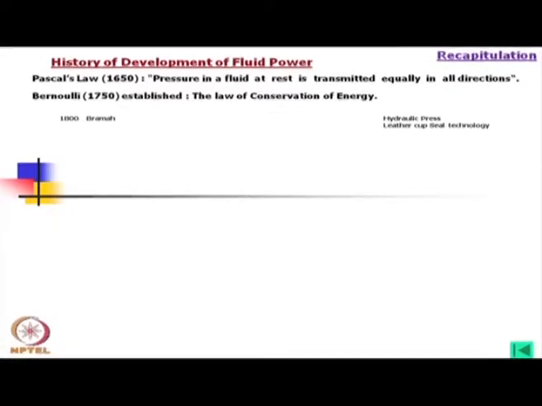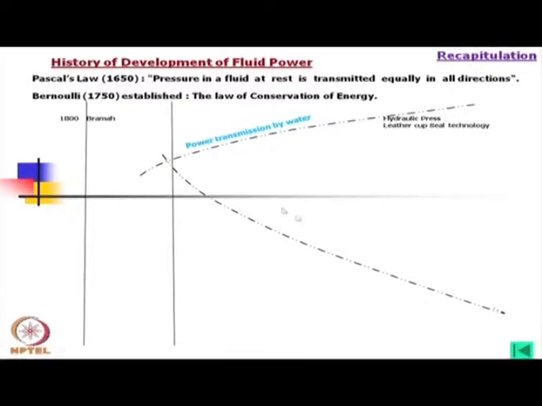Before that people were trying to use a press, but it was not successful because of the problem of leakage. With the leather cuff, the press started working. Of course, at that time the fluid was mainly water. So power transmission by water was utilized in 1800, and gradually it decreased, and then perhaps oil hydraulics and pneumatics came.